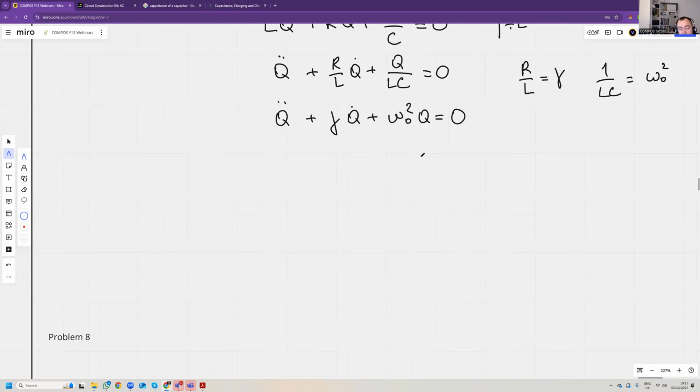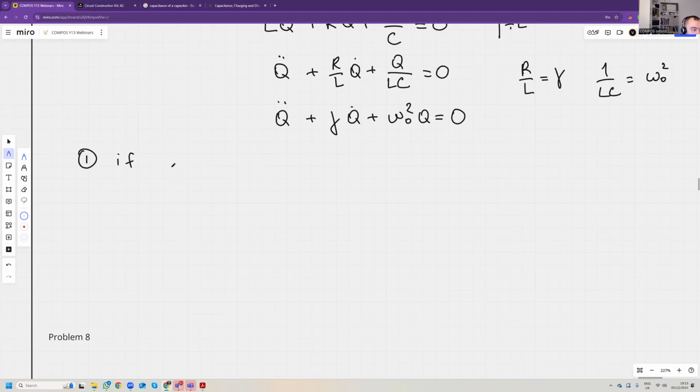This is a differential equation, and well, we can write the characteristic equation. Right, so there are three cases.